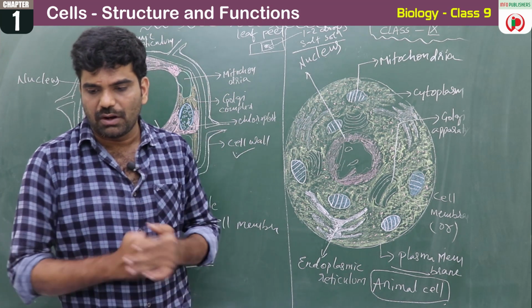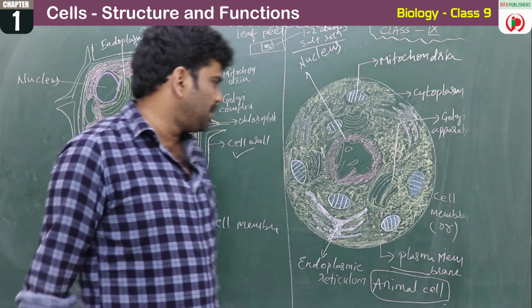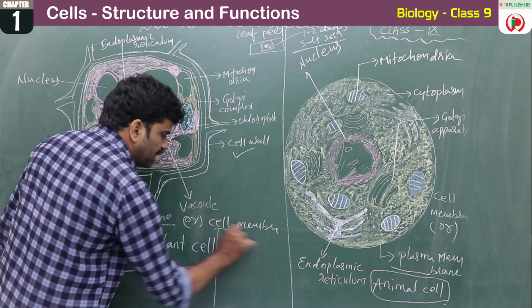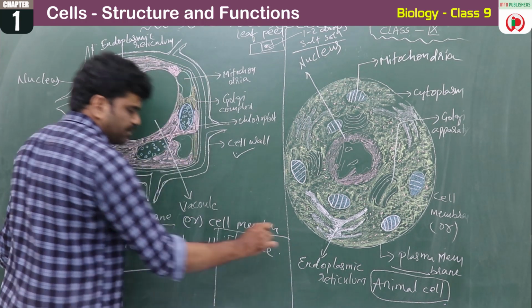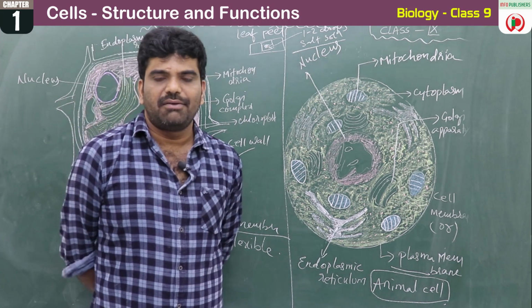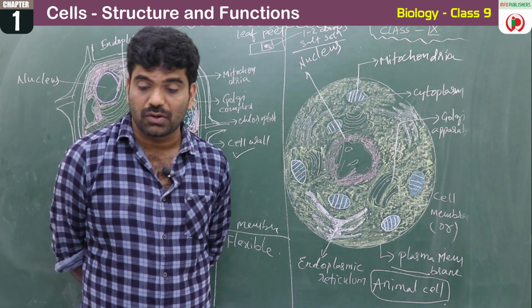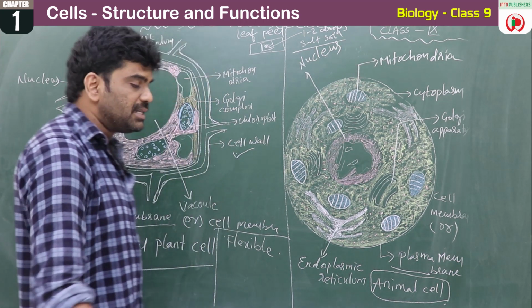Now let's go to cell membrane properties. Cell membrane is flexible. Flexible means it can bend. It is flexible and made up of mainly lipids and proteins.